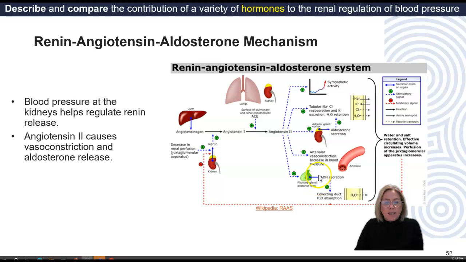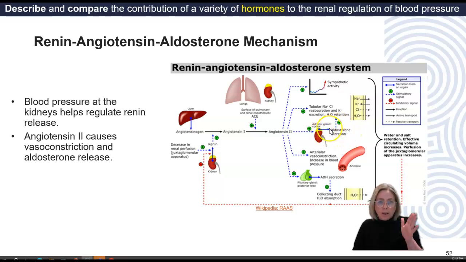It also stimulates antidiuretic hormone secretion from the posterior pituitary, and we know that that then will cause water reabsorption from the filtrate in the kidney tubules, so the collecting duct, back into the blood, increase blood volume, increase blood pressure, right? Angiotensin 2 also does another thing. It acts on the adrenal cortex, and particular cells in there release another hormone called aldosterone.